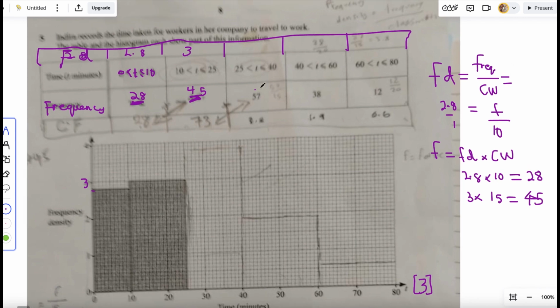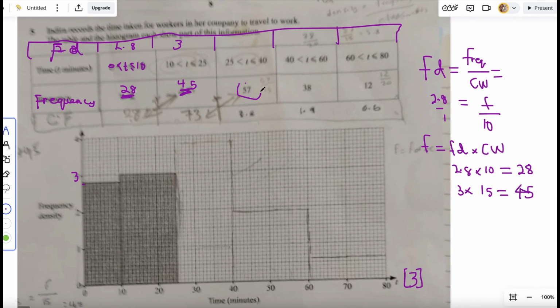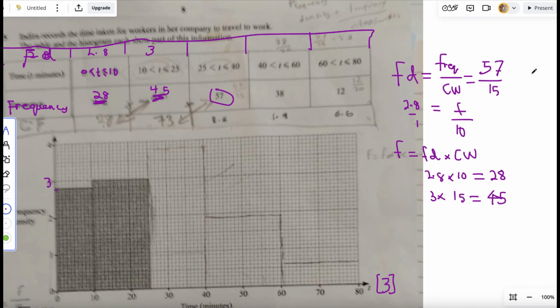The frequency is 57, so we're going to say 57 divided by 15. What do we get? 3.8.